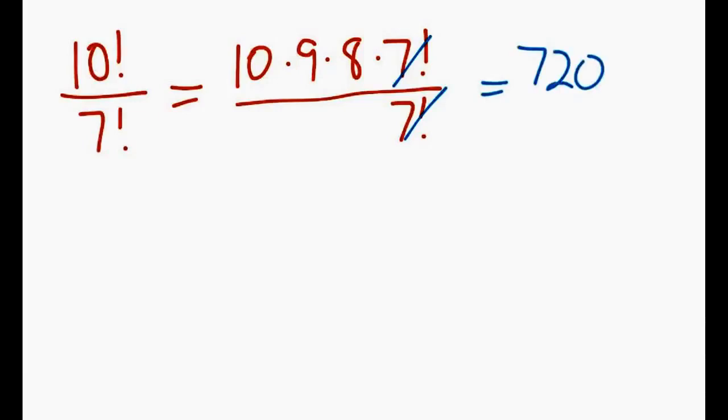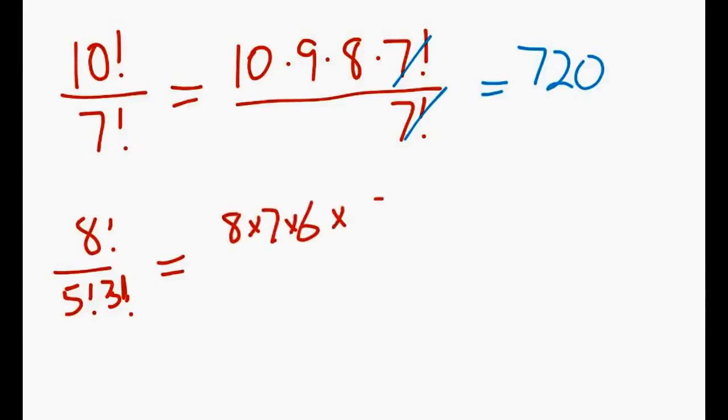So you can always simplify these, even if you get one that's a little more complicated. So let's suppose I gave you 8 factorial over 5 and 3 factorial. Okay, so if we try simplifying that, at the top we can go 8 times 7 times 6 times 5 factorial. We'll just leave it as 5, 4, 3, 2, 1.